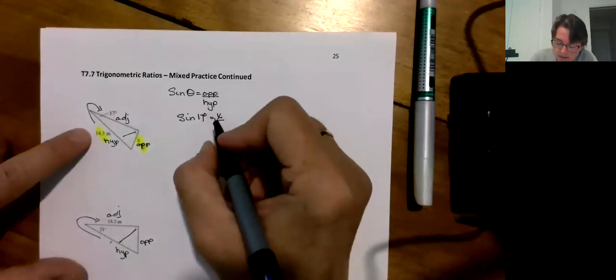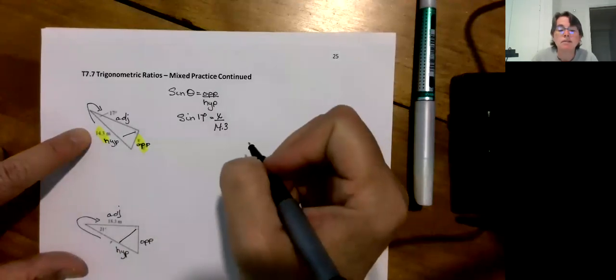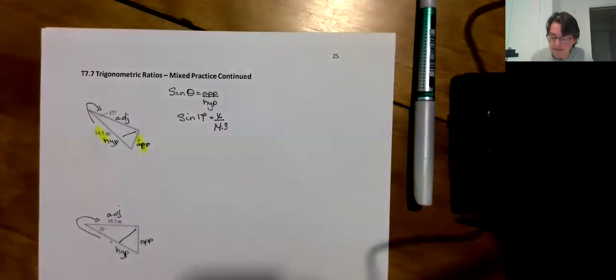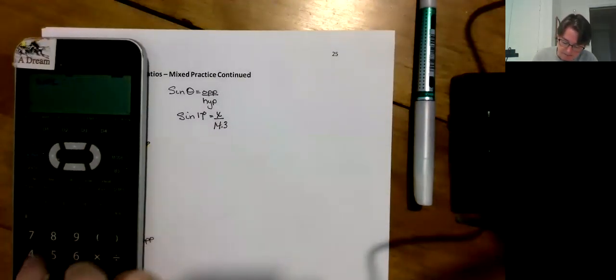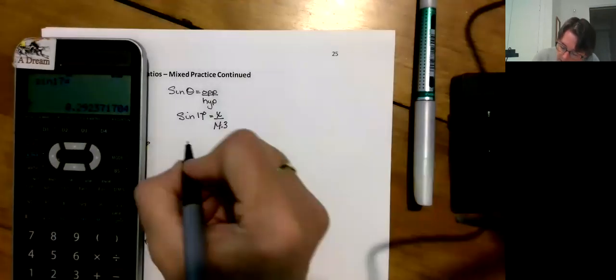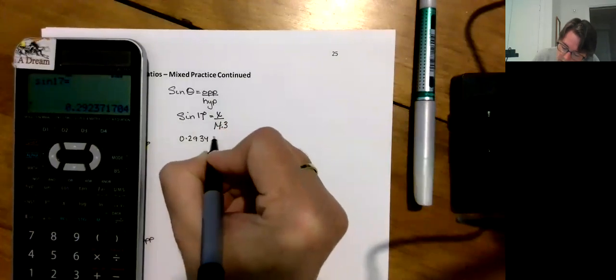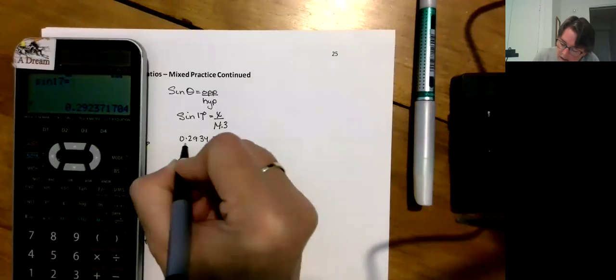And hypotenuse, I know, is 14.3. I'm not going to put centimeters, but you certainly can if you want. So sine 17 is 0.2934, equal to x over 14.3.